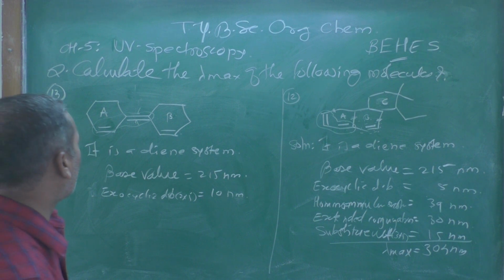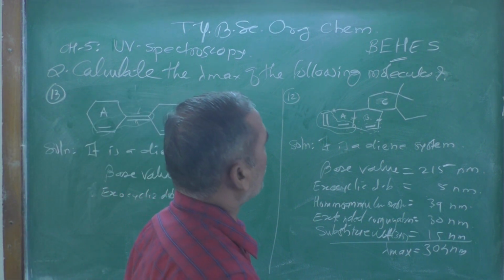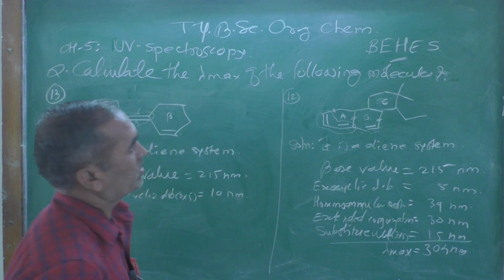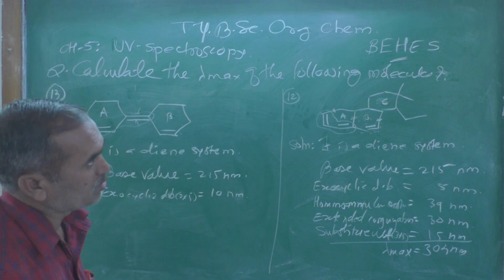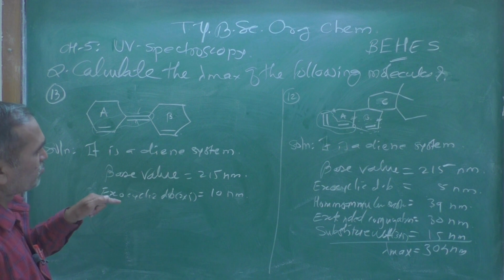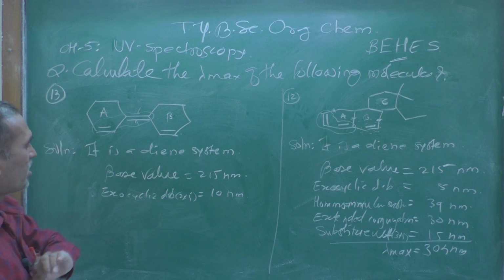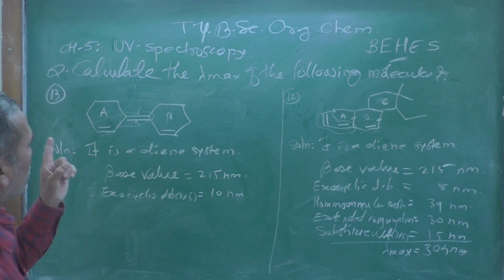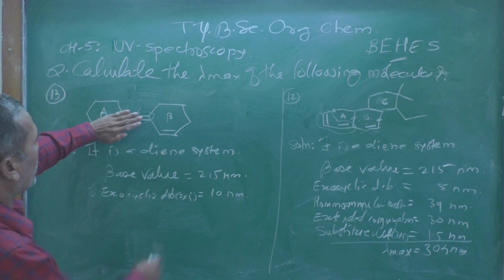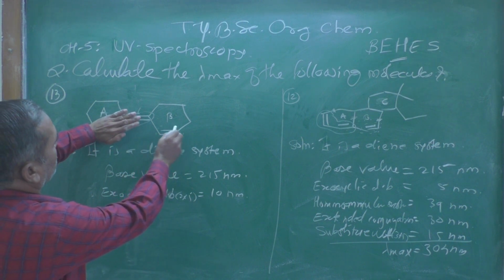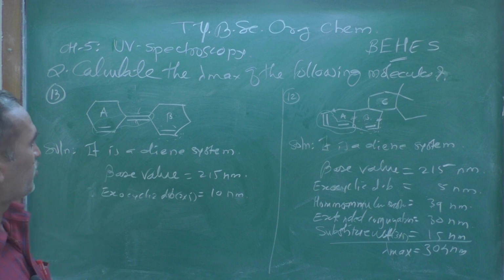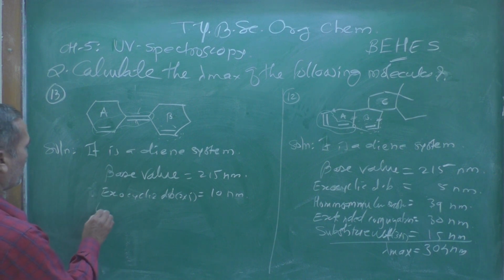So this compound does not contain a homoannular system. Now look at extended conjugation. Does this molecule have an extra double bond? Yes. Look, this is the diene system and this is the extra double bond present over here. So you can write it down.